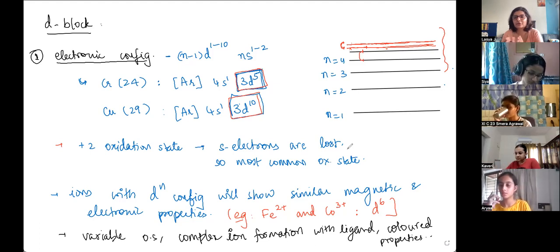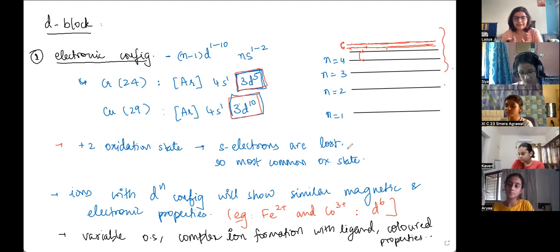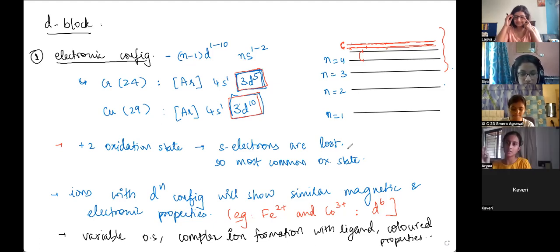Production of ammonia takes place over iron. And not just pure metals, but metal compounds, like vanadium pentoxide, V2O5, is used as a catalyst in the manufacture of sulfuric acid, the contact process. So all these are D block elements.